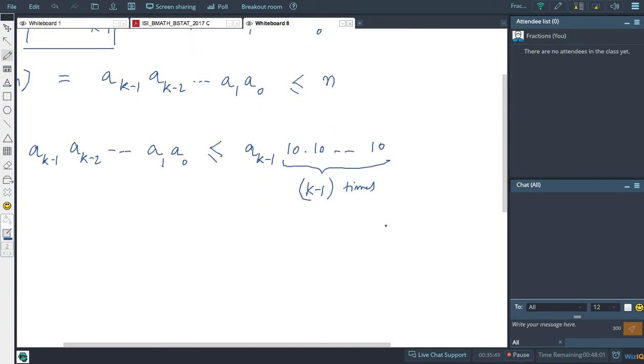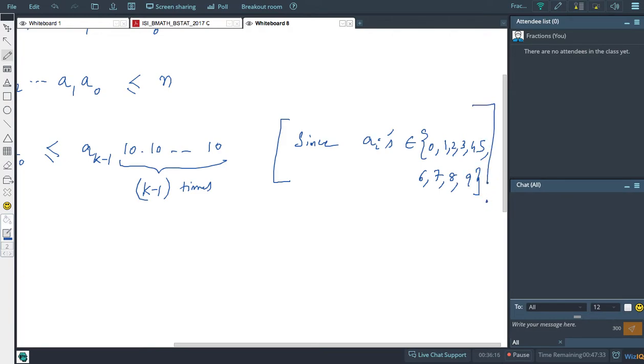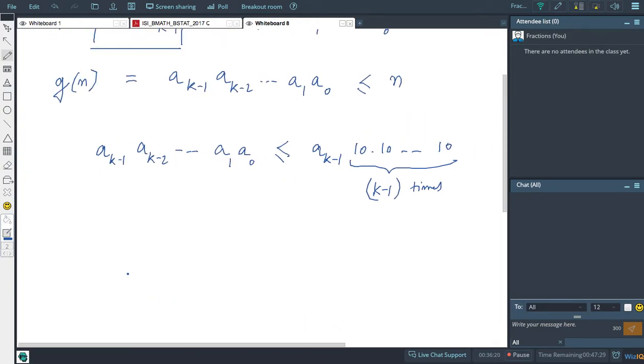Okay, so since all the ai's belong to the set 0, 1, 2, 3, 4, 5, 6, 7, 8, 9, they are all less than 10.